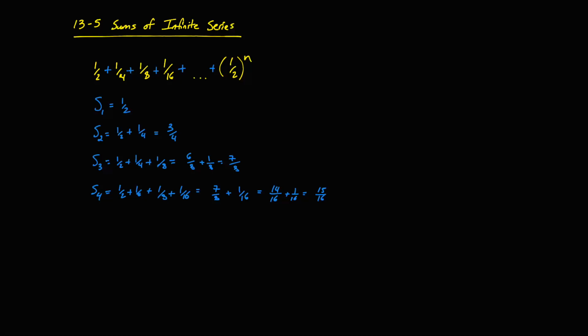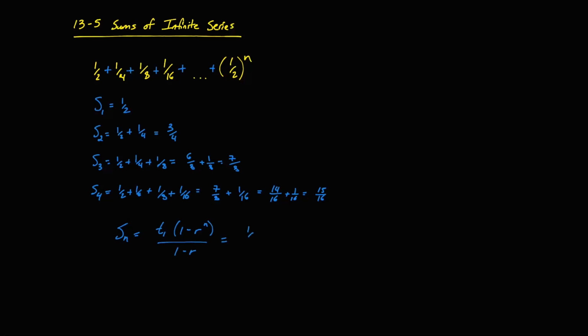Huh. What's really noticeable is that we're seeing a pattern in our sums. Now, if we want to find the sum for a finite series, we would do S of n is equal to the first term, 1 minus the ratio raised to the n, over 1 minus r, the ratio.